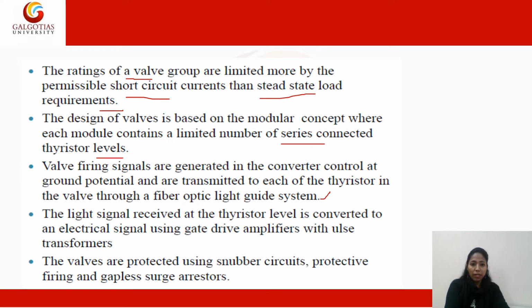The light signal received at the thyristor level is converted to an electrical signal using a gate driver amplifier with pulse transformers. The valves are protected using snubber circuits, protective wiring, and gapless surge arrestors. This is actually for the LCC based HVDC converters. So this is the operation we are discussing here in the case of thyristor based HVDC systems.